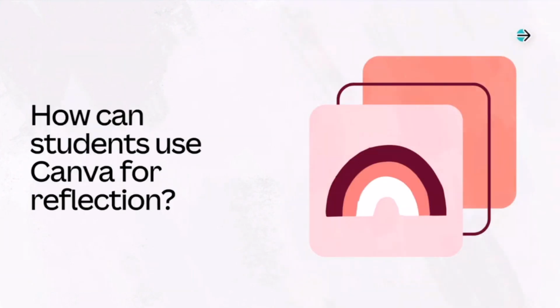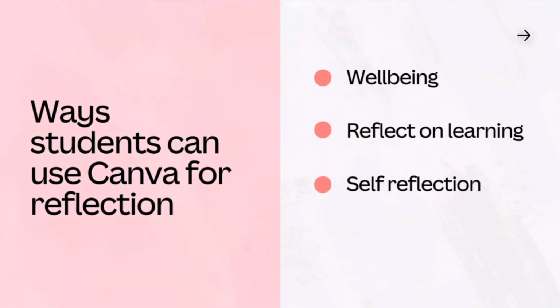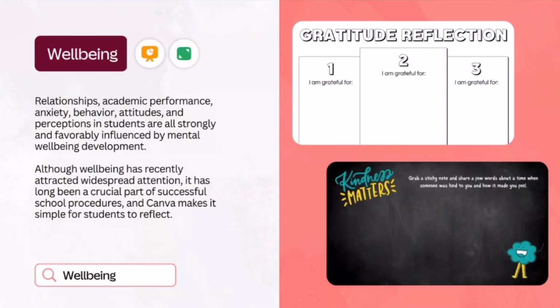You can use them in your class. And then lastly, thinking about reflection and thinking about social emotional learning and well-being, like how can we bring an activity in Canva into our classrooms for students to maybe reflect on what they're grateful for, or maybe you create this Kindness Matters graphic template and put it into a whiteboard and have everybody use a sticky note from elements in the whiteboard to express a time when someone was kind to them and how it made them feel.